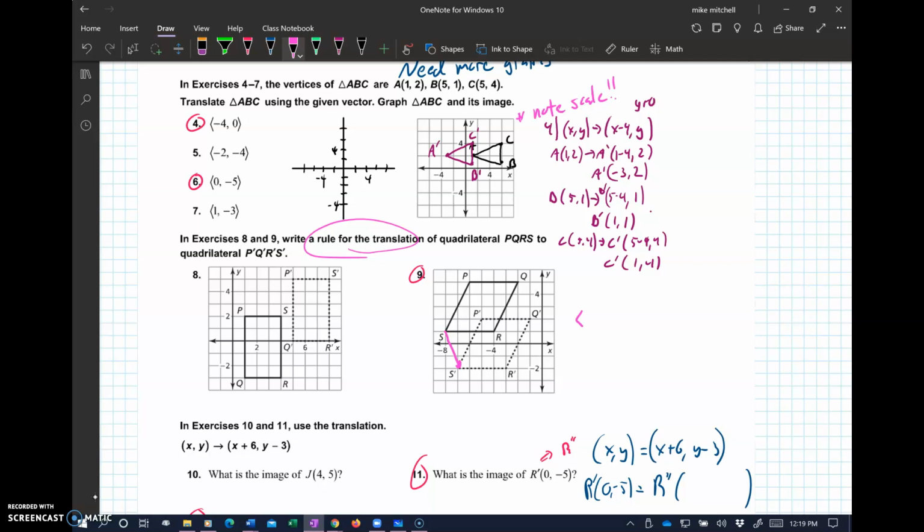Notice this is 1, 2, 3, 4, so these are 1. I'm going forward 1, down 3, that's -3, so my rule is just going to be x plus 1, y minus 3.